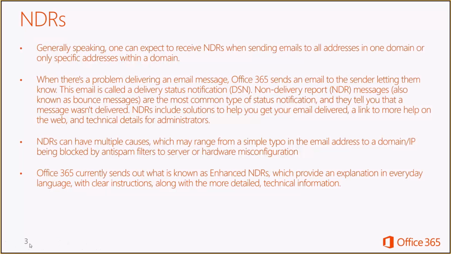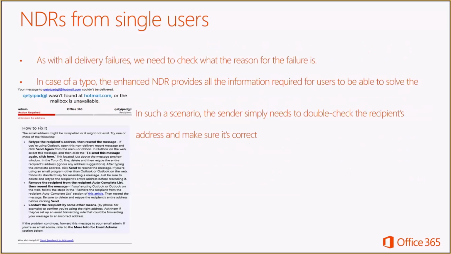Now we're going to be discussing different types of NDRs and how we can address them and how we can try to fix them. Most of the time we will have NDRs from single users. That means that I'm going to send an email to a single recipient and the email will be rejected.